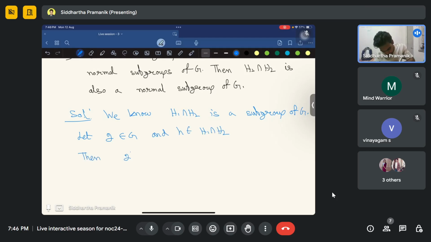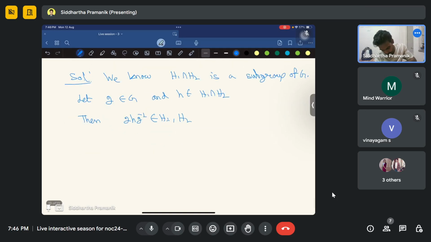Then g h g inverse is in H1 because H1 is a normal subgroup. Also it is in H2 because H2 is also a normal subgroup. So g h g inverse is in the intersection. So we are done. So H1 intersection H2 is a normal subgroup of G.